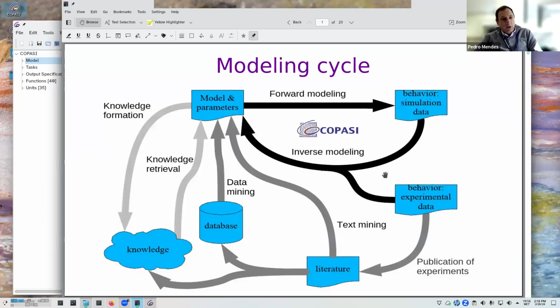And that's what we call inverse modeling, which is comparing a model's behavior with experimental data and eventually tuning the model, basically going around this cycle, tuning the model to make it look as much as possible like the experimental data that was measured.